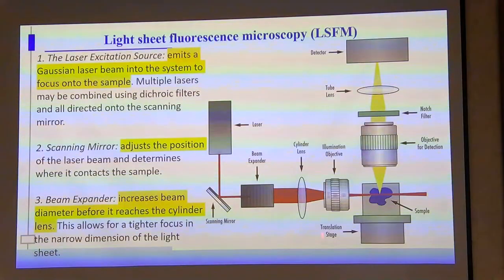So simply, we have this laser source and this laser beam goes to the beam expander and finally, passing through the cylinder lens and illumination objective, it hits the sample. The beauty of this technology is that it's not hitting the sample from the top or all over the sample. It's hitting the sample from the side, so there is minimum exposure to the laser light.